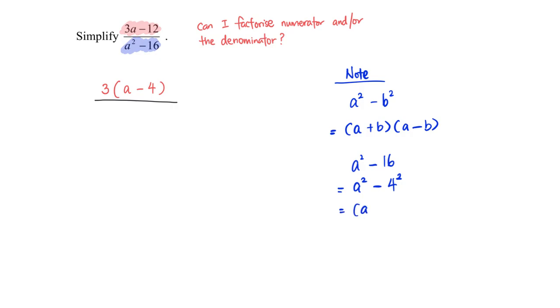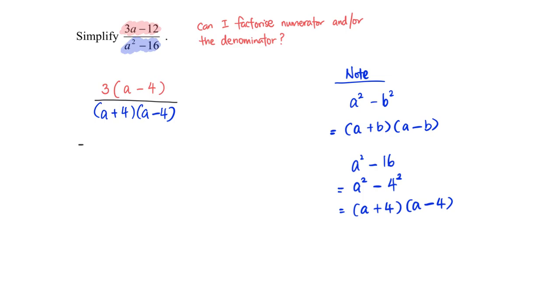And therefore, applying the special product, I would then have a plus 4, a minus 4. So I could rewrite a squared minus 16 as a plus 4, a minus 4.